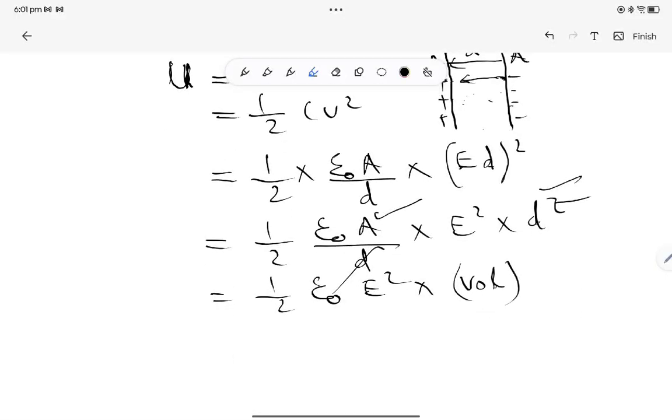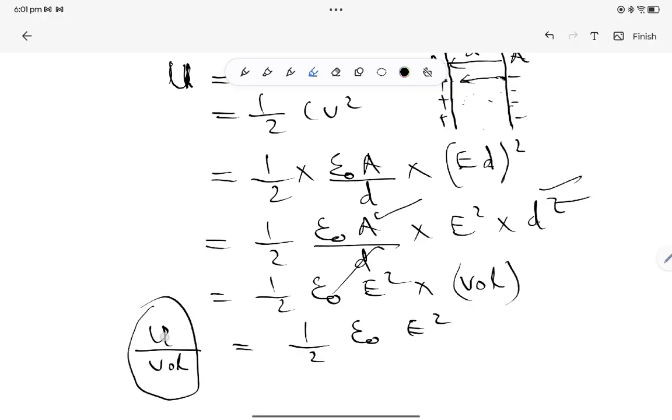Now transposing this volume to this side, you have U divided by volume is equal to 1 by 2 epsilon naught E square. So what is this? This is energy stored per unit volume. That's energy density. We write small u for that. Sorry, this must be capital U, total energy, divided by volume, small u.